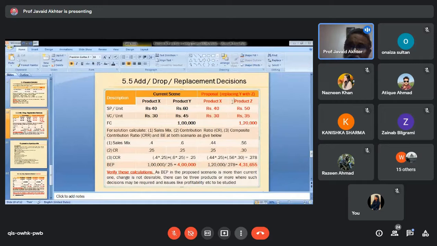And the expenses which you have already incurred in making Y will be your sunk cost. Therefore, some additional fixed cost will be required. Same example can be given in case of services.